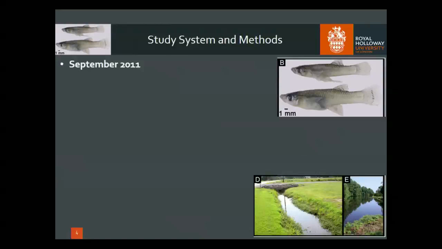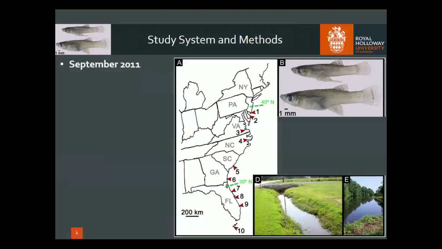So in September of 2011, we sampled, within a 10-day period, basically the whole natural distribution along the Atlantic coast of the US, starting with a population in southern New Jersey and then all the way down to a population on the westernmost Florida Keys.